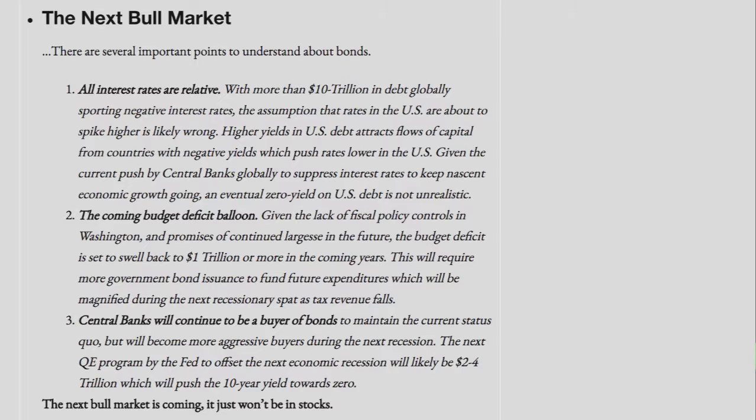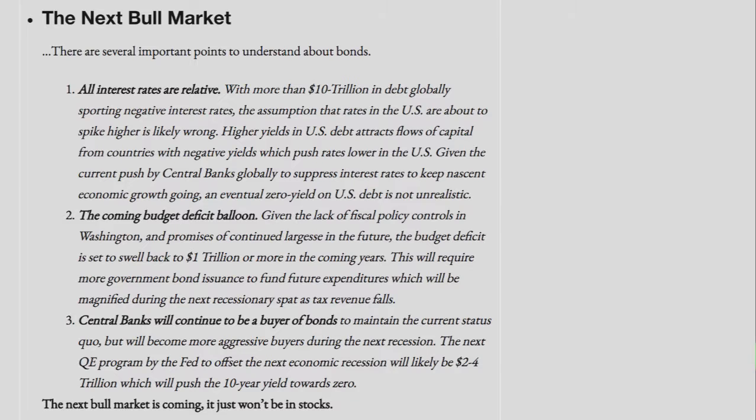Higher yields in U.S. debt attract flows of capital from countries with negative yields, which push rates lower in the U.S., given the current push by central banks globally to suppress interest rates to keep nascent economic growth going.